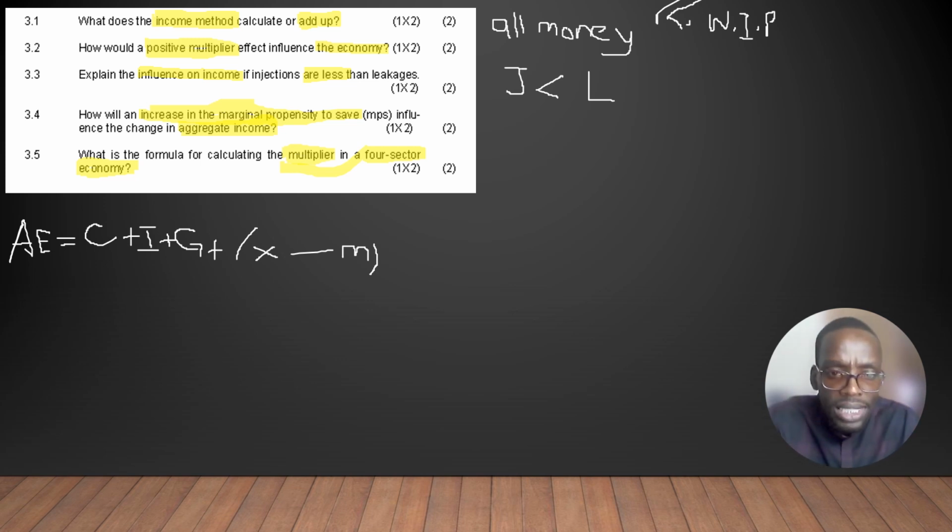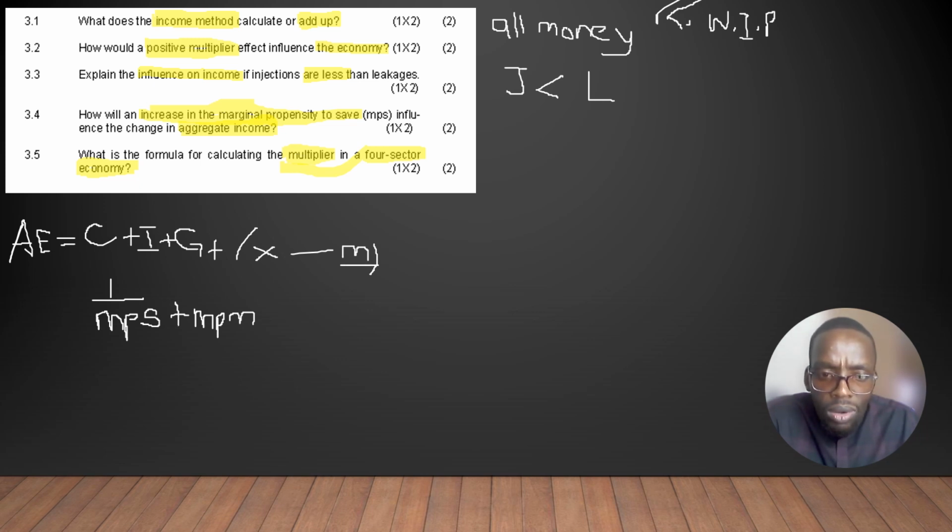So what you now need to understand is the formula for calculating the multiplier is going to be 1 over MPS, which is the marginal propensity to save, by the domestic components, and then we are also going to add our MPM, which is our marginal propensity to import.